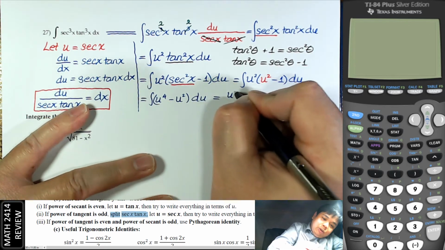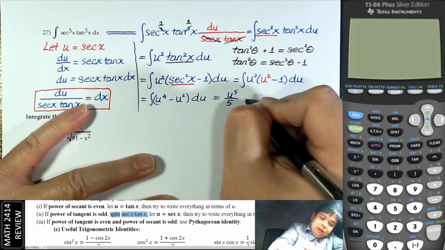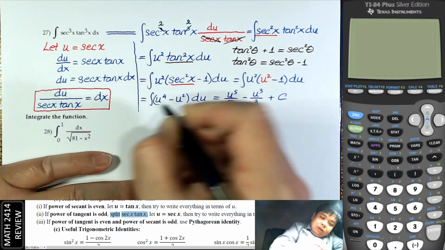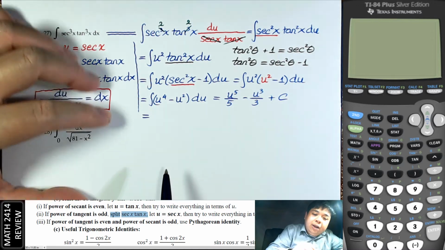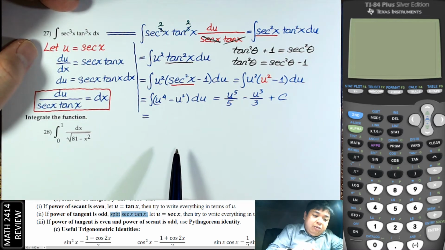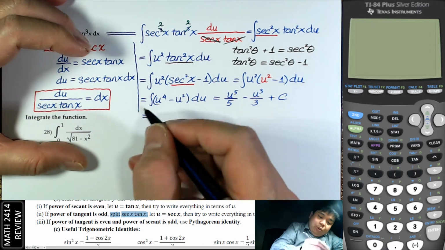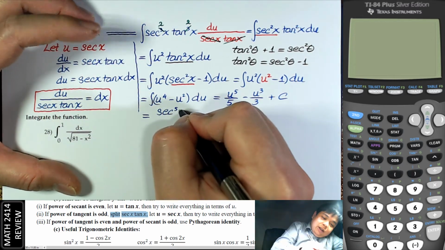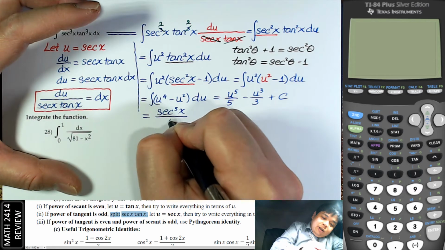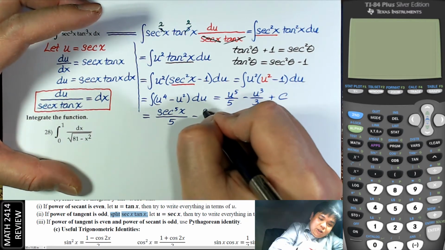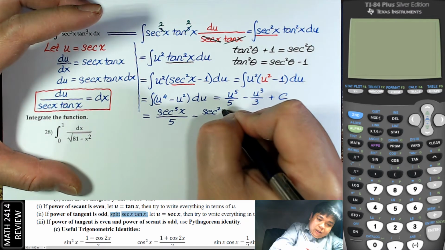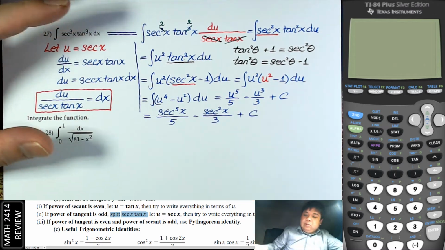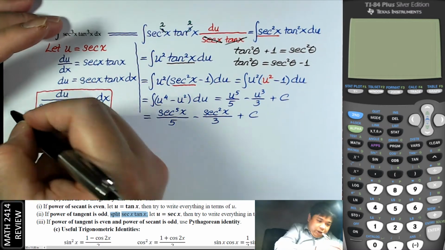So u to the 5th over 5 minus u cubed over 3. And finally, secant is u. So secant to the 5th over 5 minus secant cubed over 3. Right. So that's what we have.